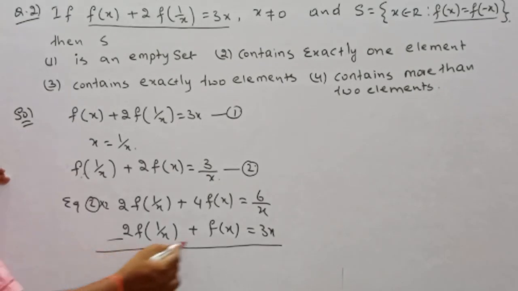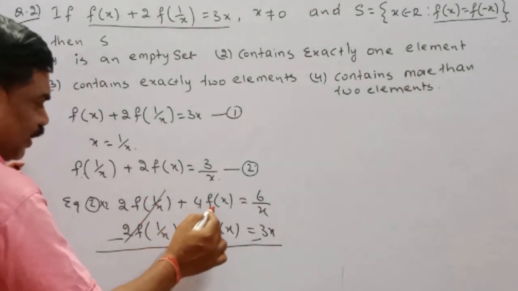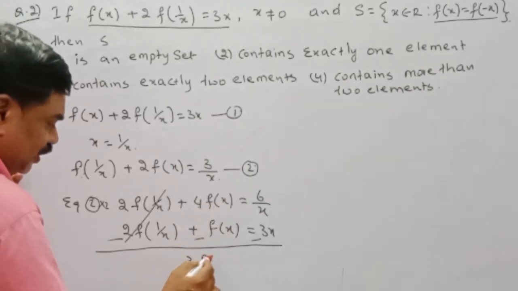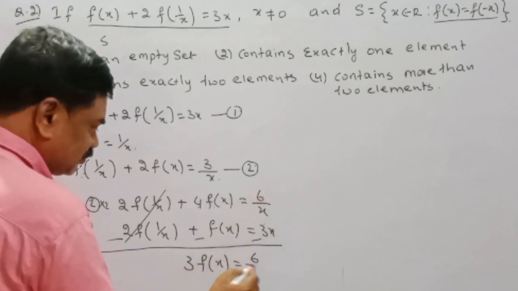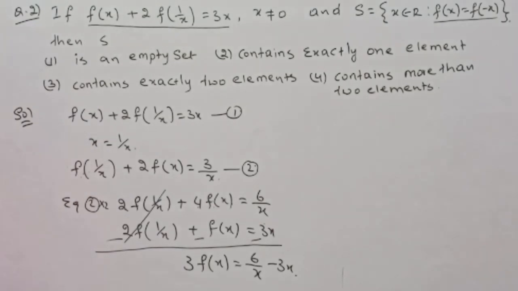So by subtraction, this term will be cancelled. 4f(x) minus f(x), 3f(x) is equal to 6/x minus 3x. Okay, all of you?